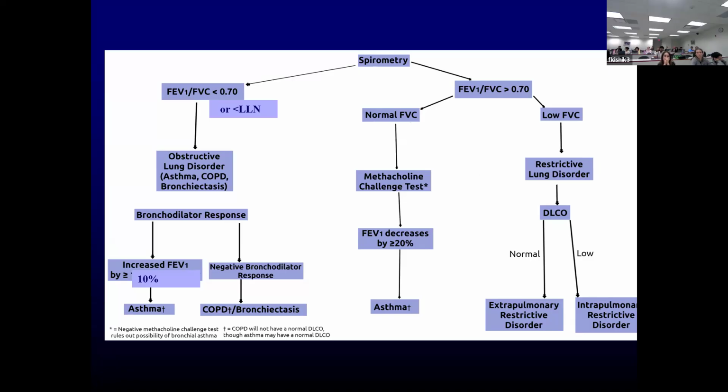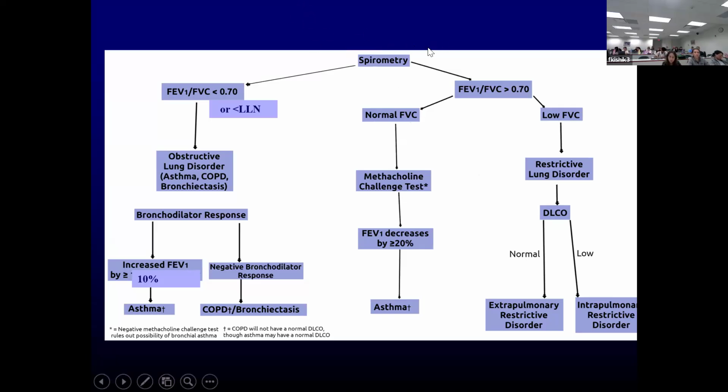Patient comes to you: I feel chest tightening, I feel shortness of breath, I feel wheezing off and on. But today I'm not having that, but that's why I found time to come and see you. How do we pick up those patients whose spirometry is normal but have a history suggestive of asthma? We will recreate asthma-like features in the lab. How do we do that?